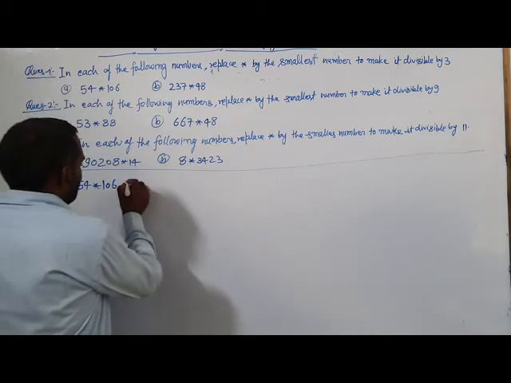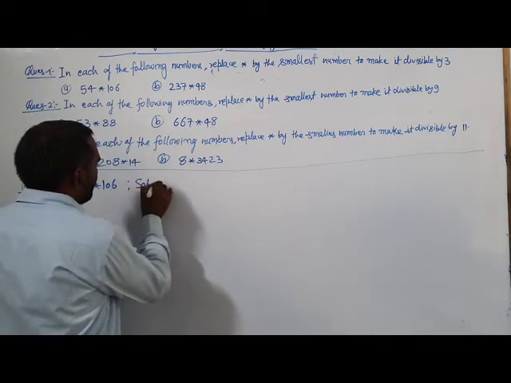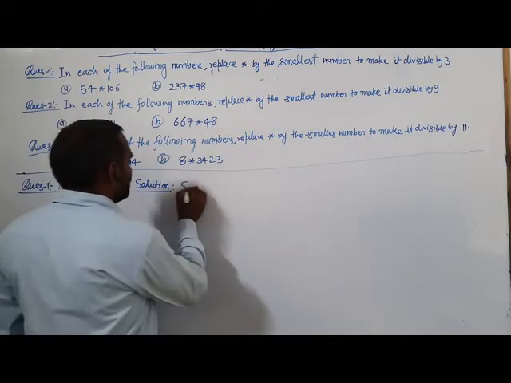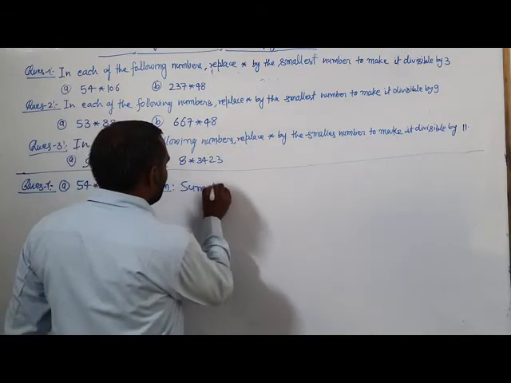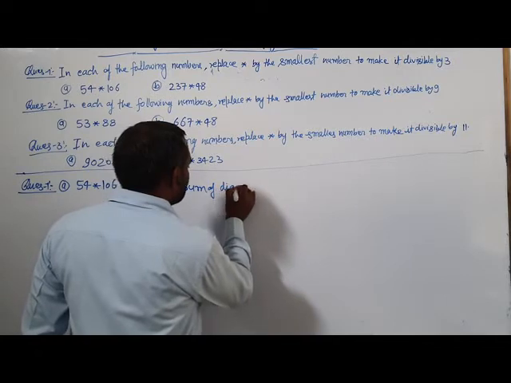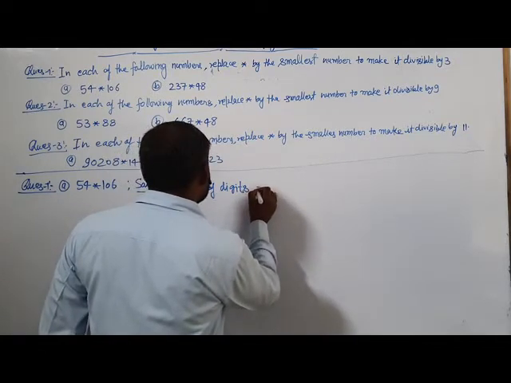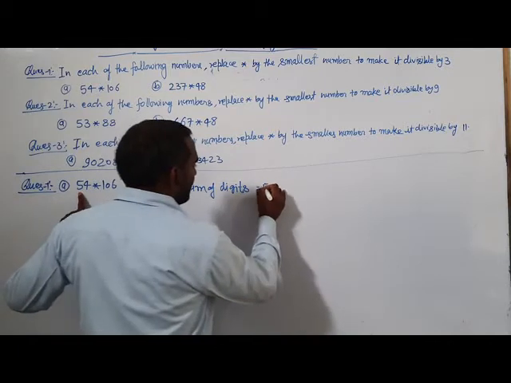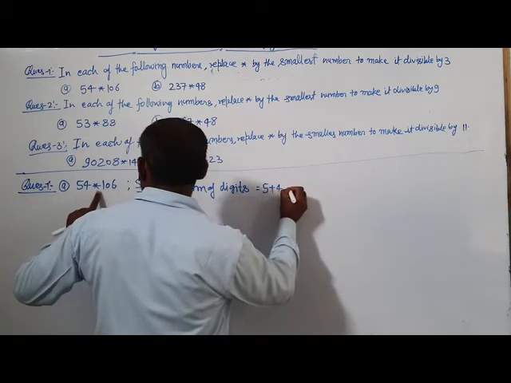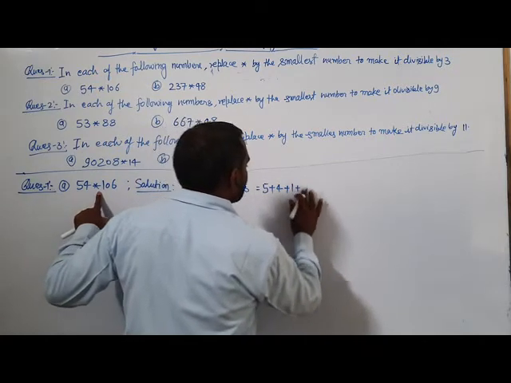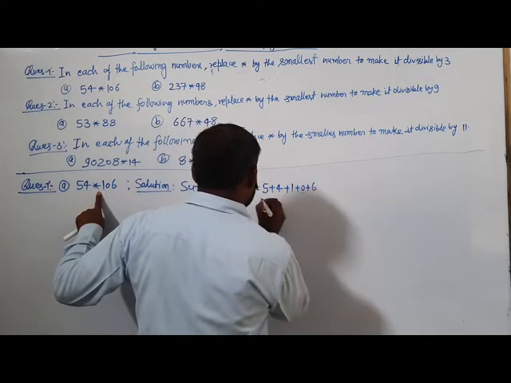So, solution: sum of digits equal to 5 plus 4 plus 1 plus 6 plus 0 plus 6.